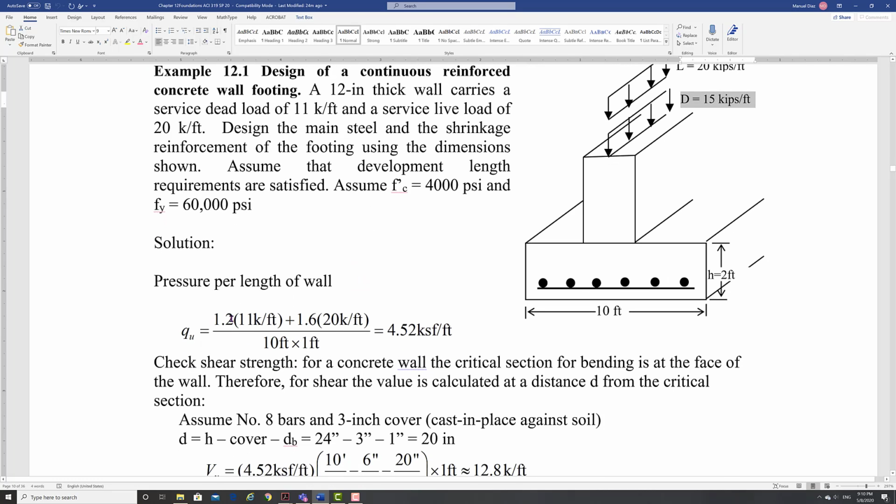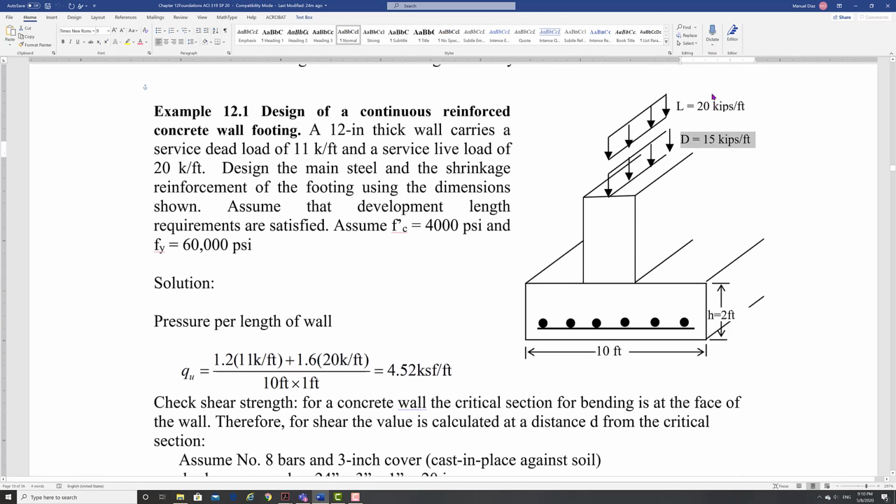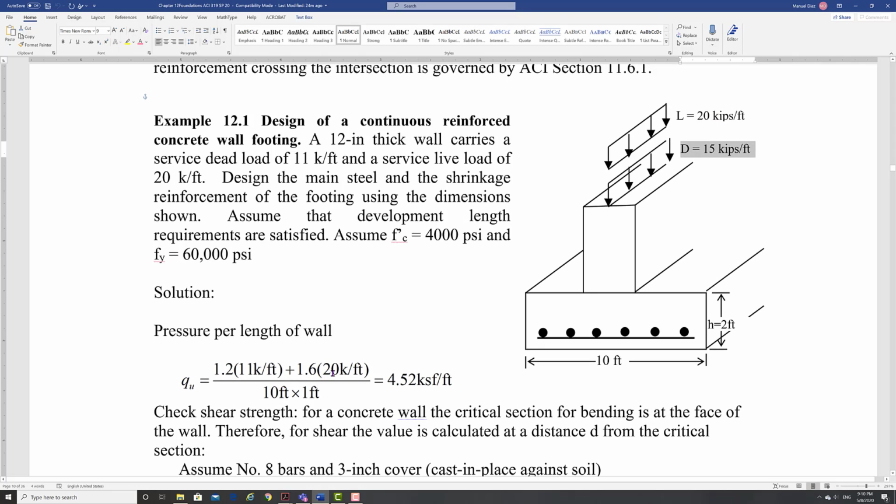Then I found my pressure from the loads: 1.2 times the 11, not 15, 11, and 1.6 times my 20, divided by the area that takes this pressure, which is 10 feet times this length. But we're going to do it per foot, so we use 1 foot. This is my pressure per foot.